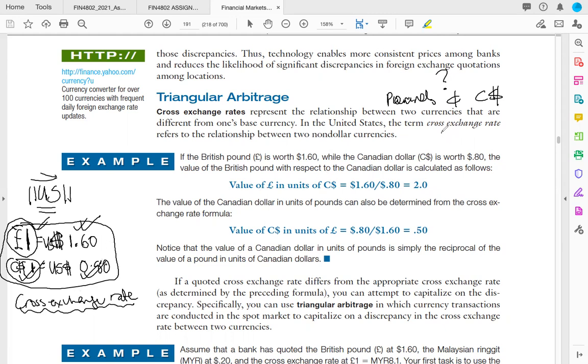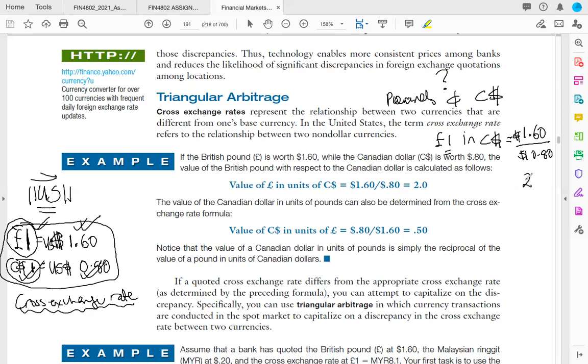So if we want to get the value of a pound in Canadian dollars, we simply take the pound to US dollar exchange rate, because we're dealing with £1, divided by the Canadian dollar to US dollar exchange rate. And then we get 2.